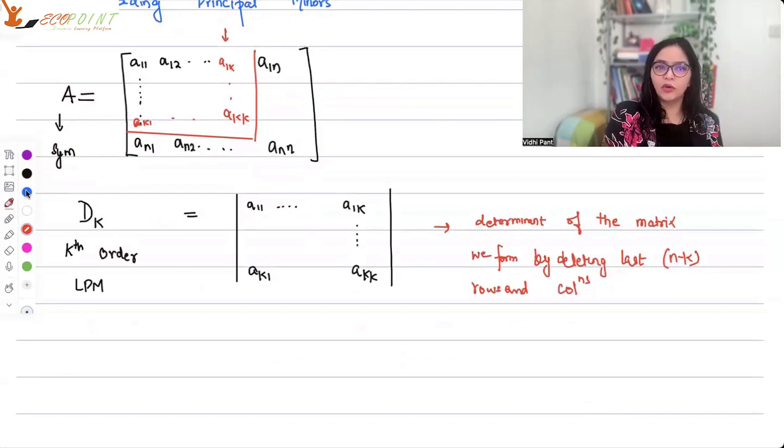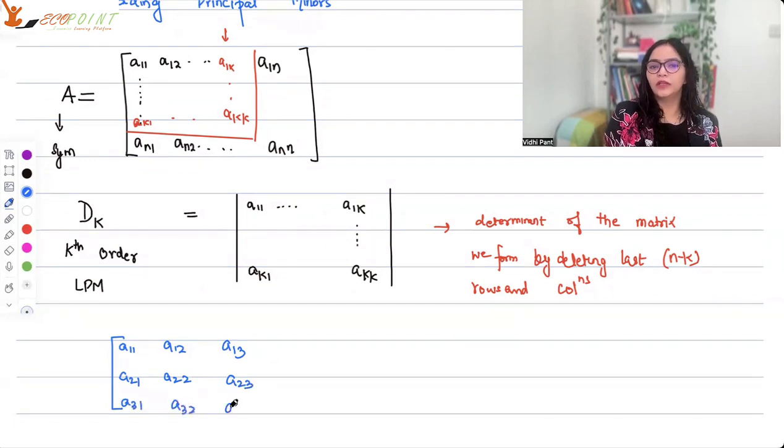So let's take a smaller example. Suppose we have A11, A12, A13, A21, A22, A23, A31, A32, A33. Here n is equal to 3.